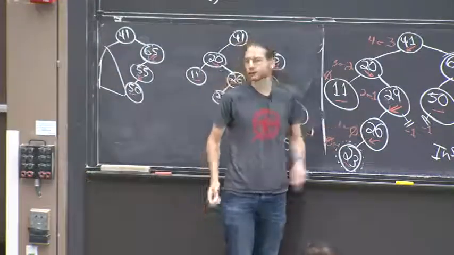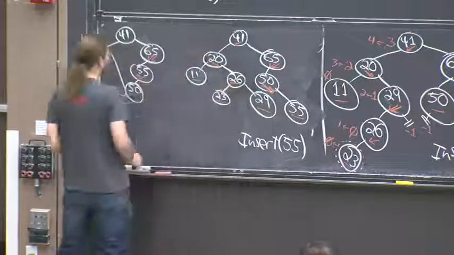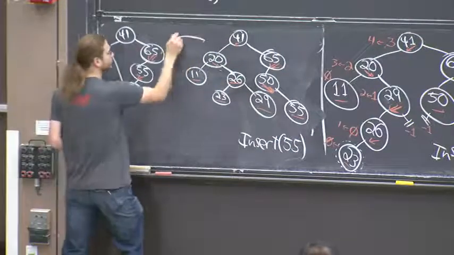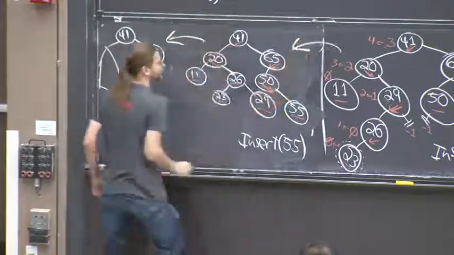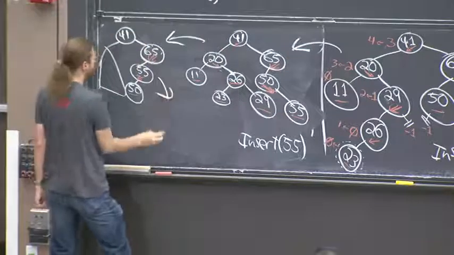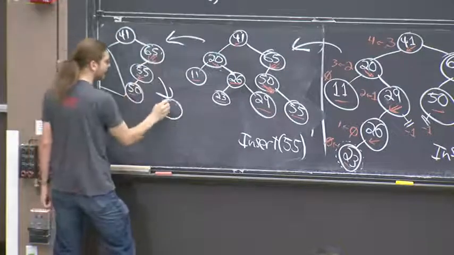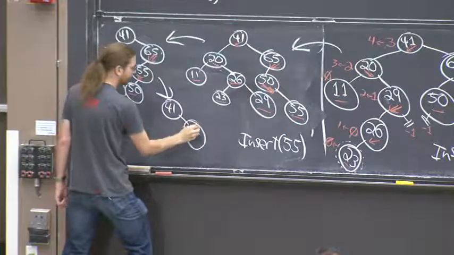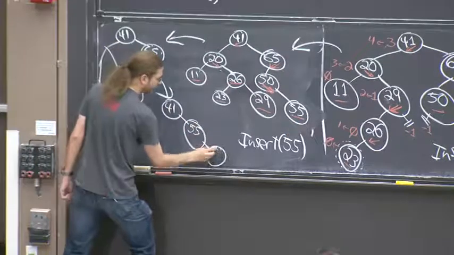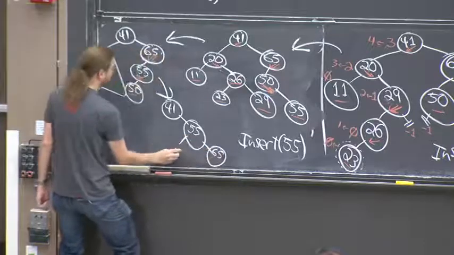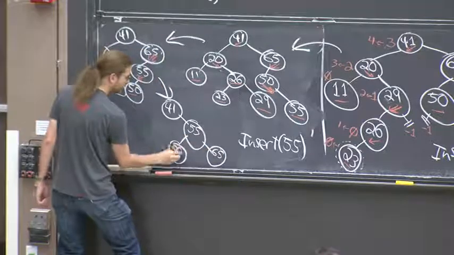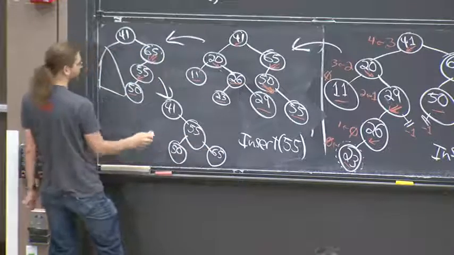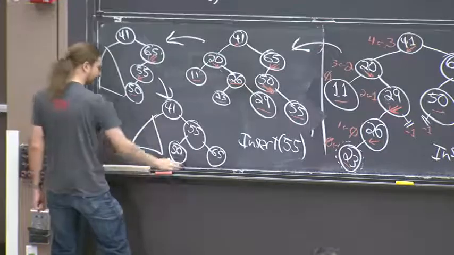And so now I can do a right rotation on 65, and I will get, so let me order the diagrams here. I do a right rotate on 65, and I will get 41. And to the right, I get 55. And to the right, I get 65. To the left, I get 50. And then I get the left subtree.